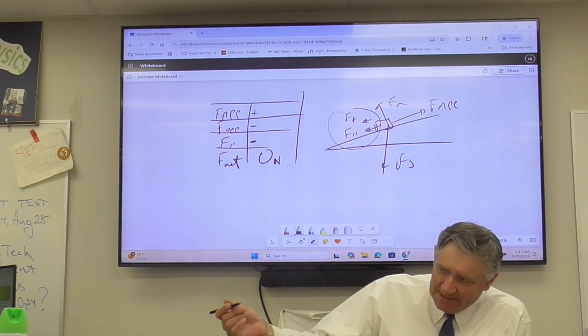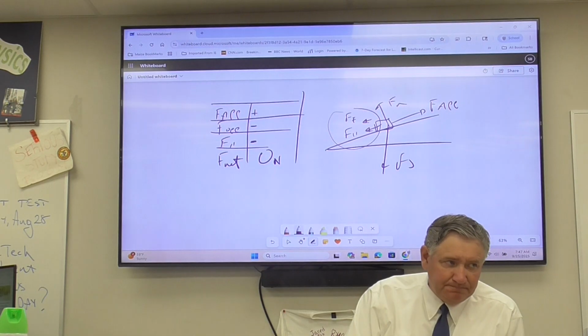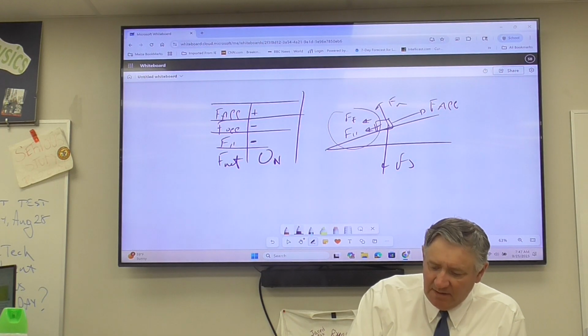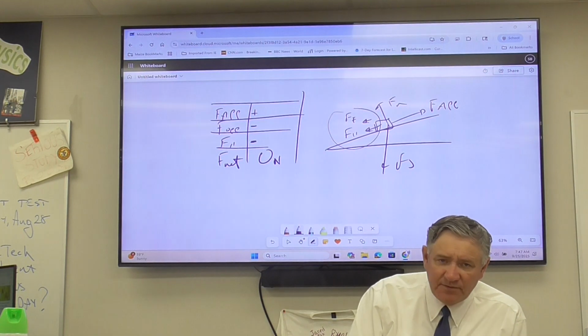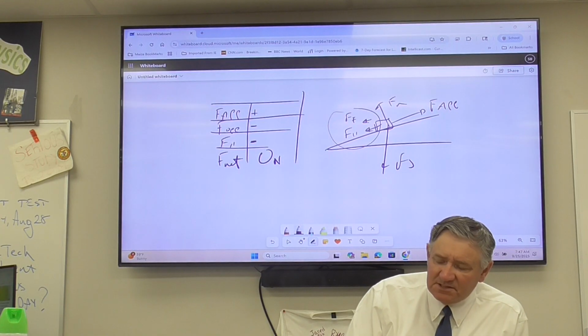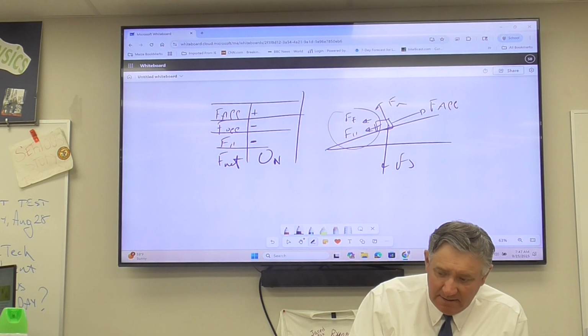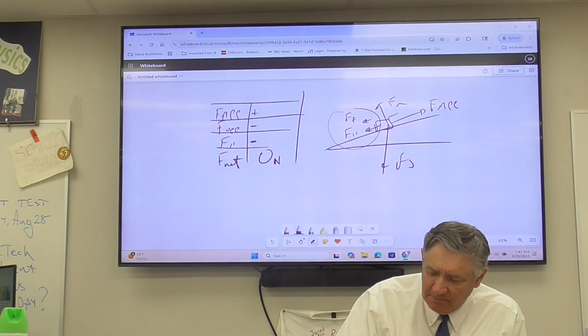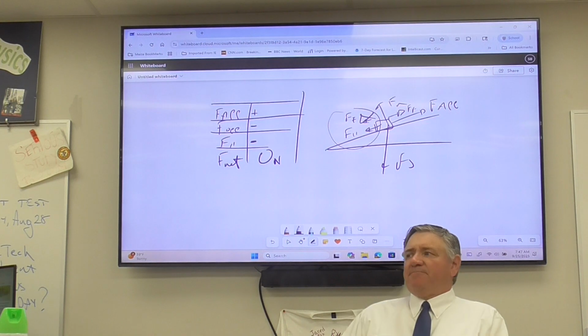When you get to number 11, the only thing that's different is this: you want it to slide down the hill. So if you want it to slide down the hill, which direction is friction going to act? Up. On number 11, you have the exact same frictional force; the only difference is that now it's going up the hill.